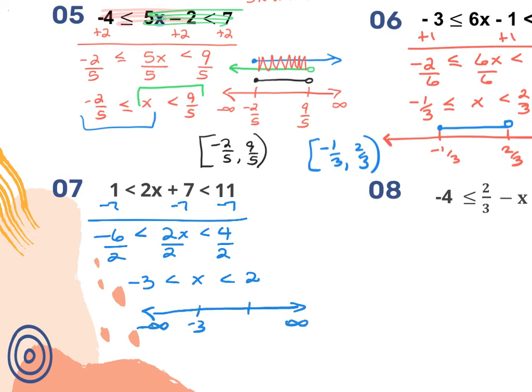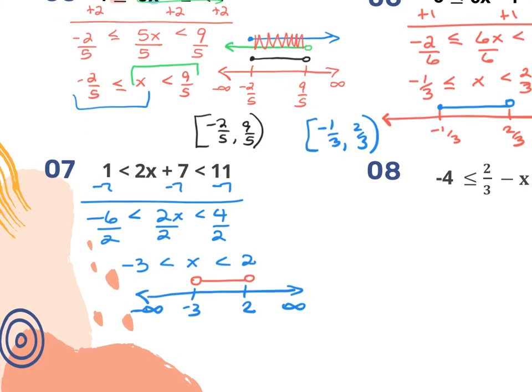Add your numbers onto it, least to greatest. And we would have an open circle on -3, open on 2, connected in the middle. Interval notation would be -3, comma 2, and they're both in parentheses.